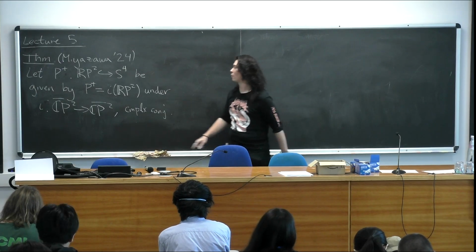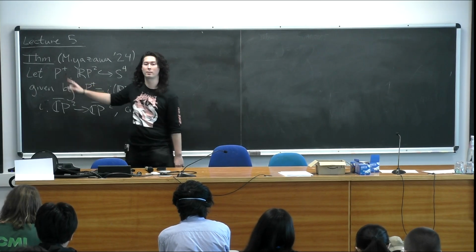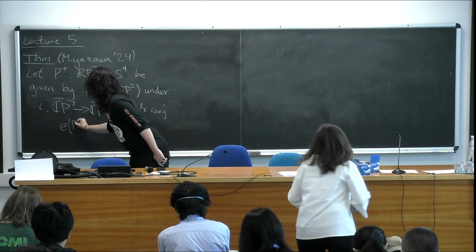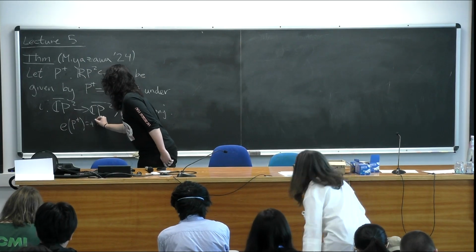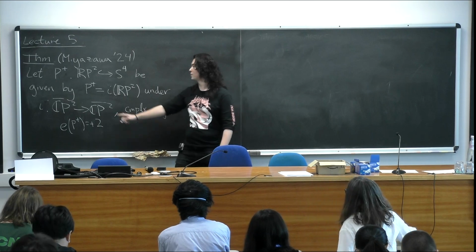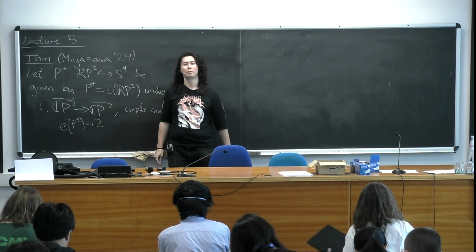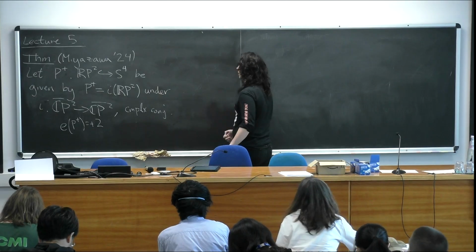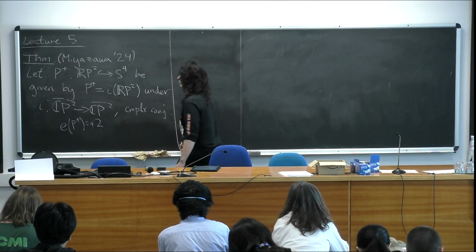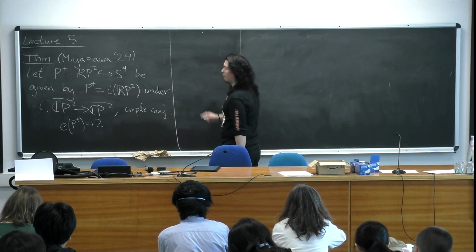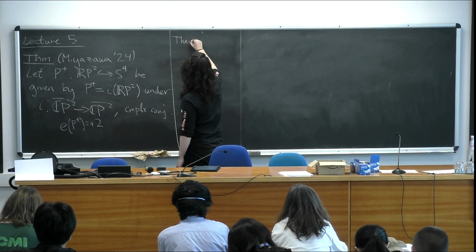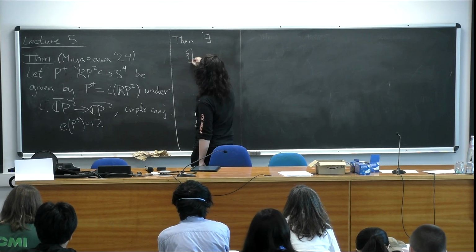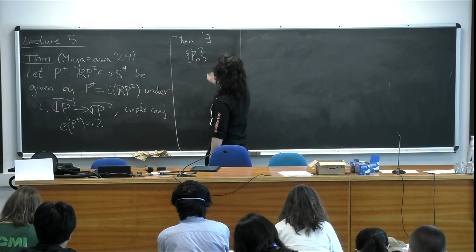And the reason for the notation plus is that the normal Euler number of P plus is equal to positive 2, right? And if I took away these bars and did complex conjugation on CP2, I would get something with Euler number negative 2. Okay?